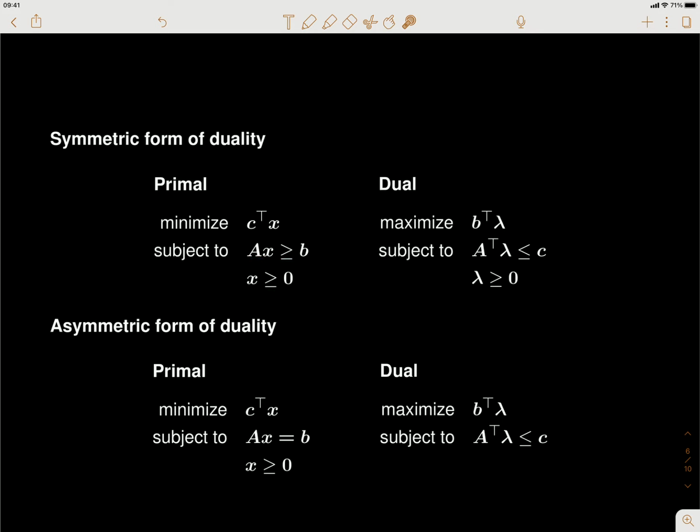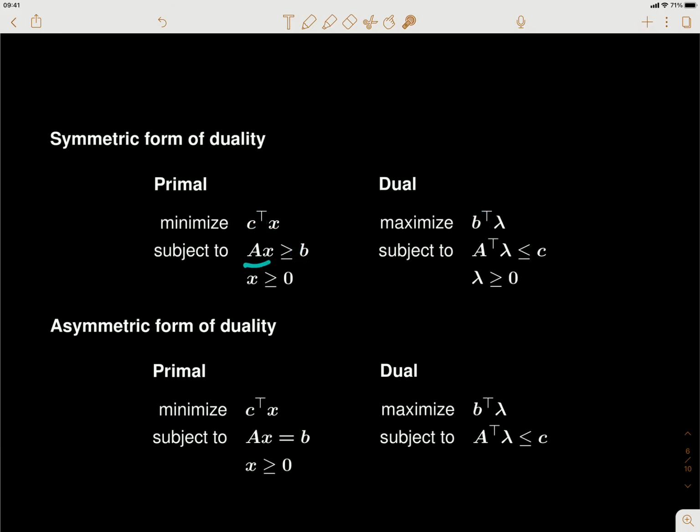The reason we call it a symmetric form is because the dual problem of this primal problem is maximizing b transpose lambda, where the constraint is similar: A transpose lambda less than or equal to c, and lambda greater than or equal to 0.